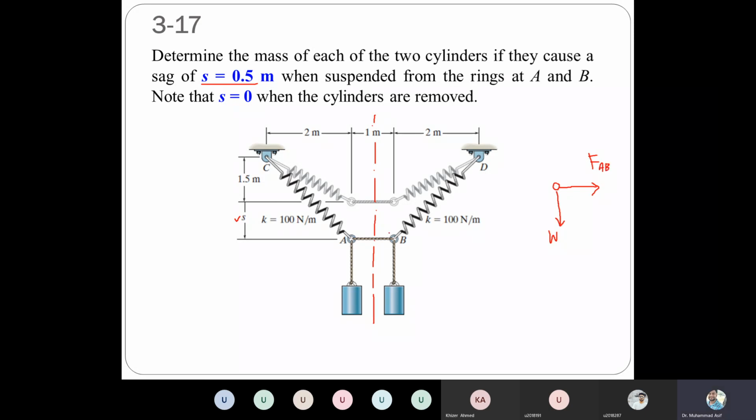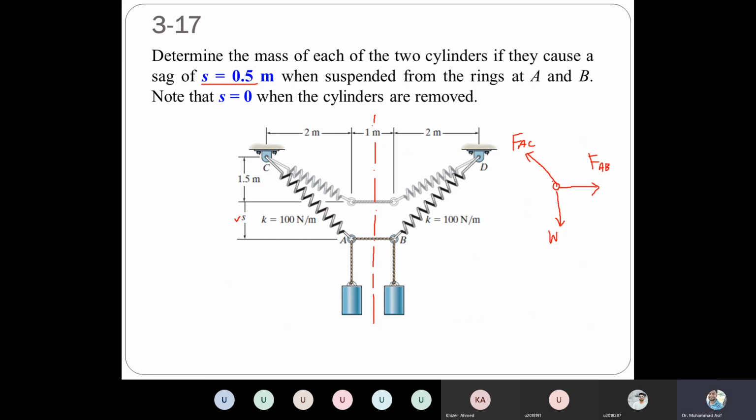And then one force is the spring force, and this force is AC. Now we need the weight. We can calculate the value of that weight if we know these forces, but we don't know these forces.